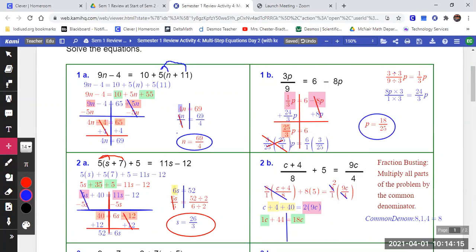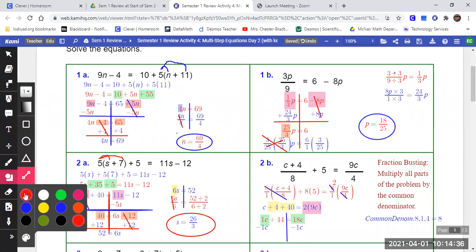It's a positive 1c right now, right? Subtract 1c from both sides, exactly. Minus 1c from the left, minus 1c from the right, because whatever we do on one side, we have to do on the other. We have to keep our balance beam going.